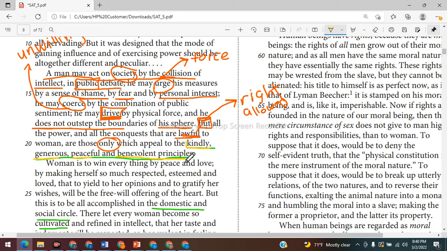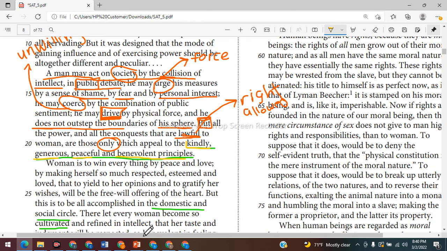Anyone else? The less violent things go to the woman. Less violent. I like that one. The less violent ones. Peaceful.